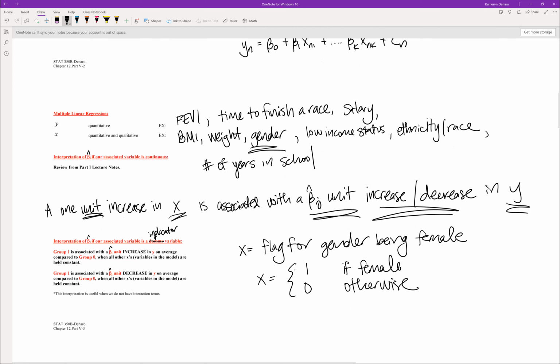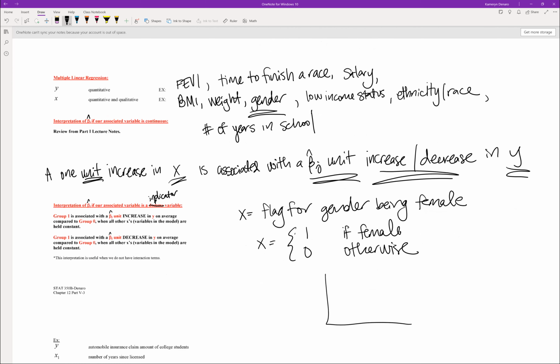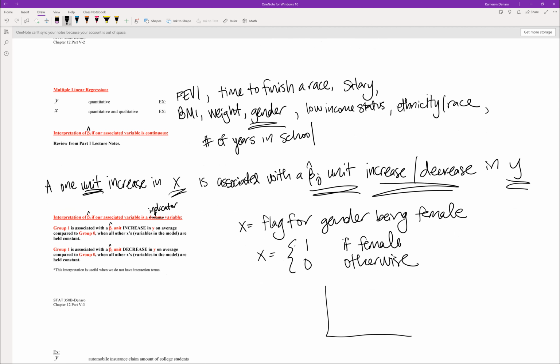So in general, let's say we had age and then IQ scores, and let's say we were taking kids who are 5 up to 15 years old.